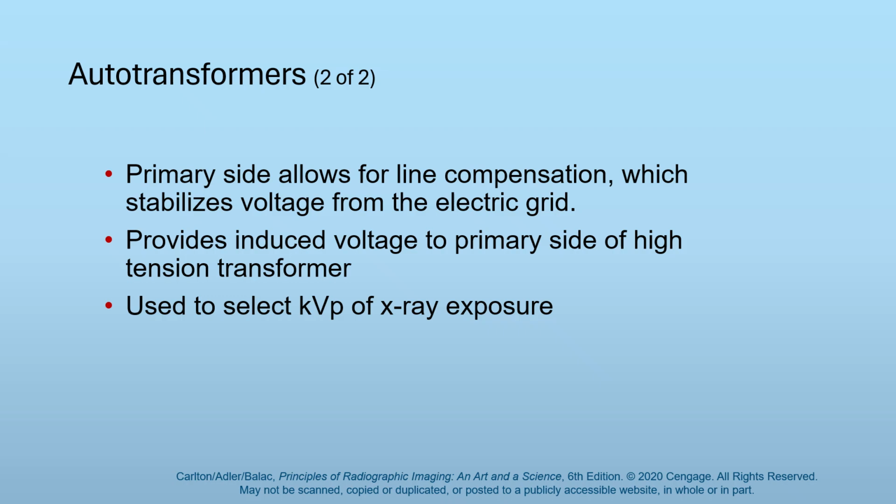The primary side allows for line compensation because the electric company does not give us a static voltage. That's too fidgety for power transmission. And so they promise 110 plus or minus 10 volts. Okay. So what they really say is peak voltage will never exceed 120 in the United States.